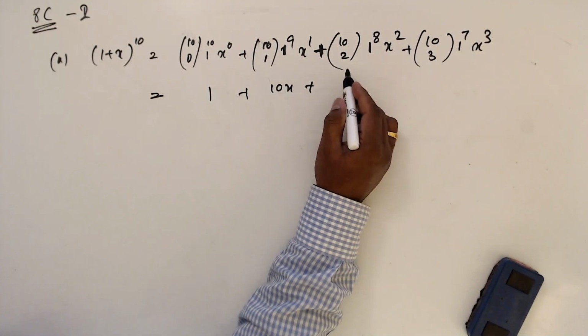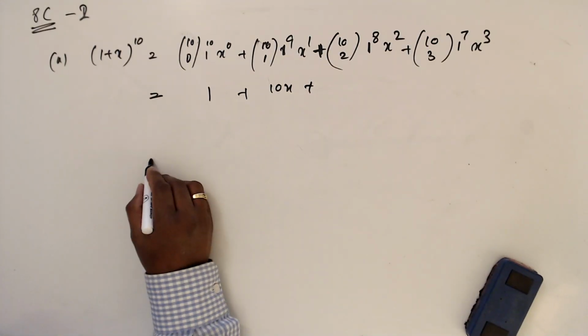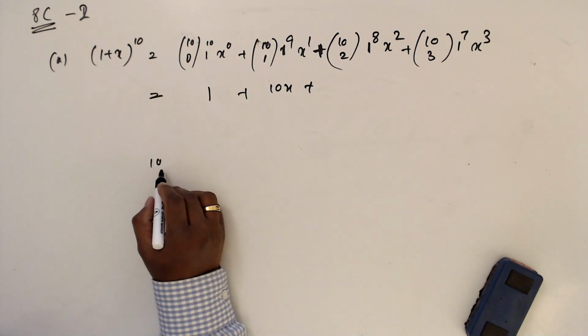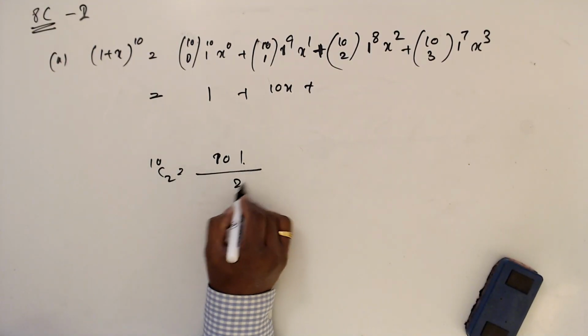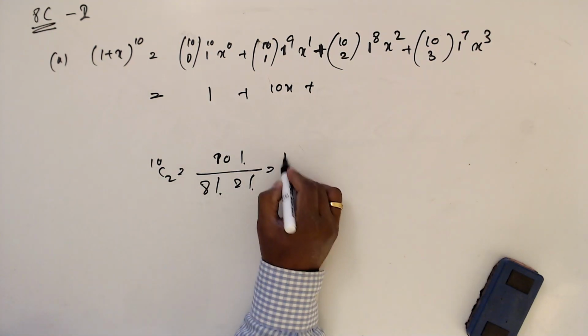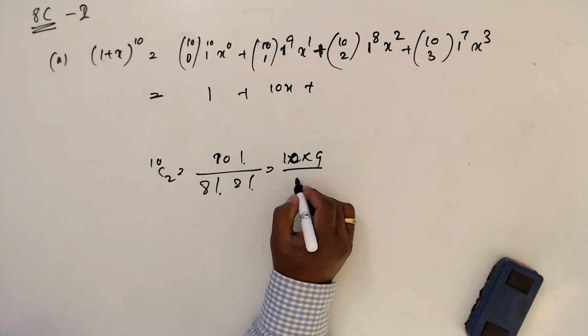This is going to be 10C2. 10C2 is 10 factorial over 2 factorial 8 factorial. 10 times 9 over 2.